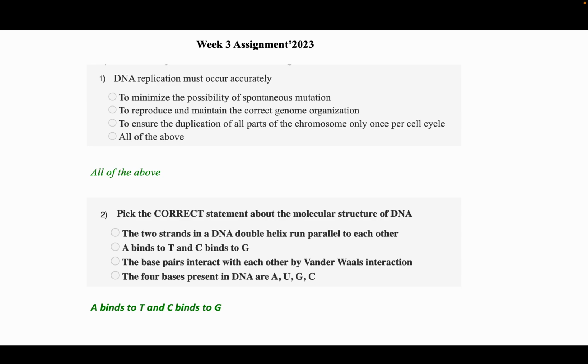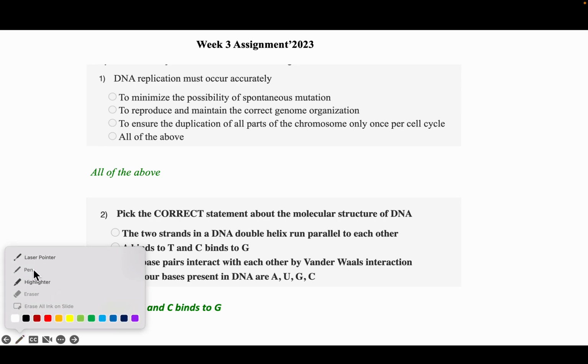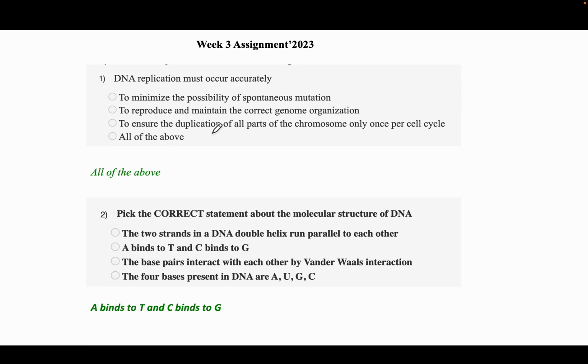Options are: to minimize the possibility of spontaneous mutation, to reproduce and maintain the correct genome organization, to ensure the duplication of all pairs of the chromosome only once per cycle. So by common sense we can understand that when a cell divides, DNA also replicates, so that in the new cell or in the sister cells another set of DNA can go.